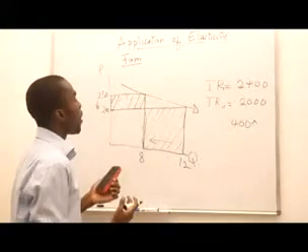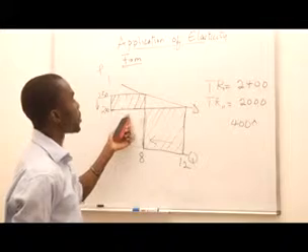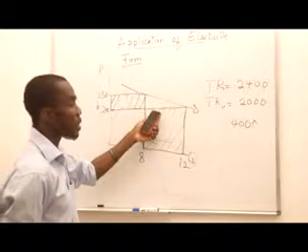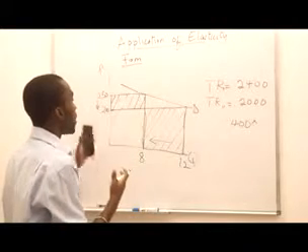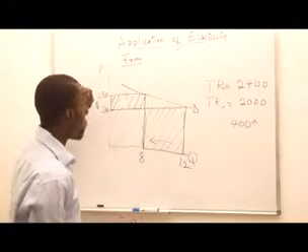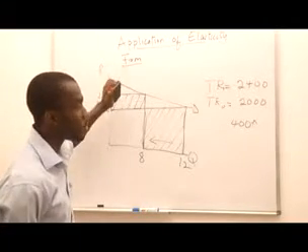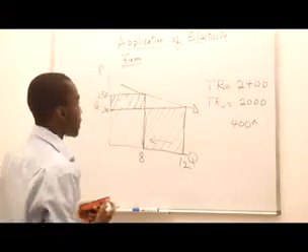So for a firm who has an elastic demand for its good or its service, it will be more profitable to reduce the price rather than to increase the price.